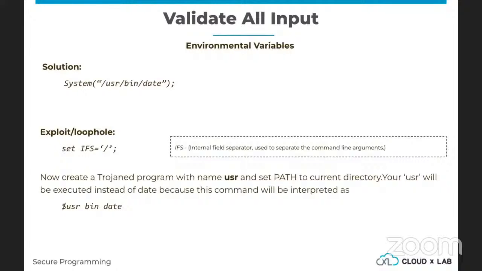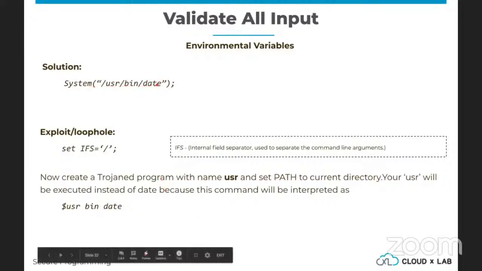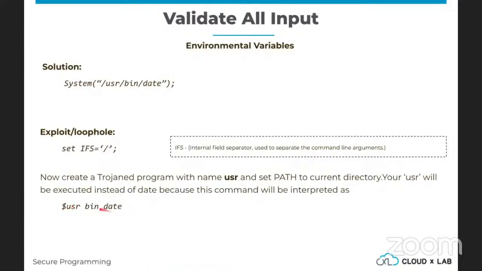By default, IFS is space, but the moment you set it to slash, the command will become: user space bin space user space date. So bin and date are arguments, and this is the command.